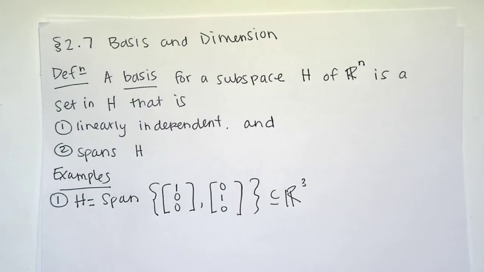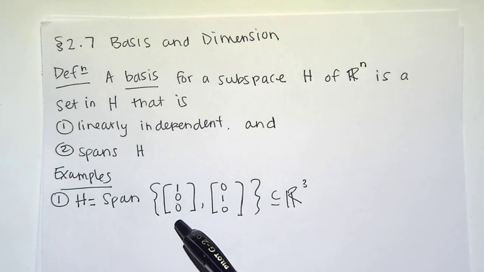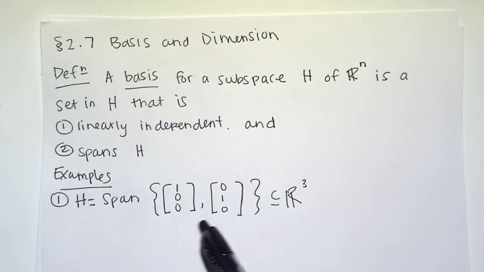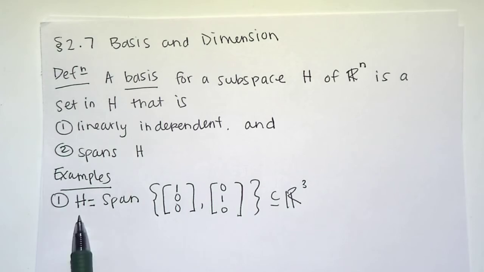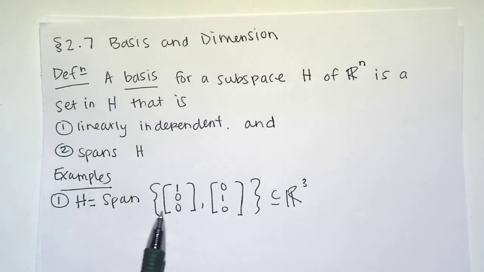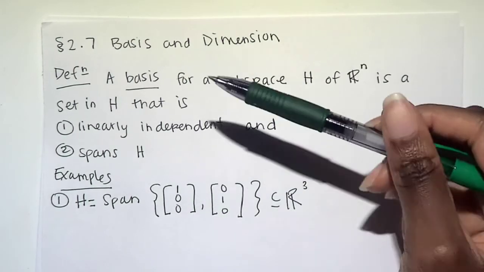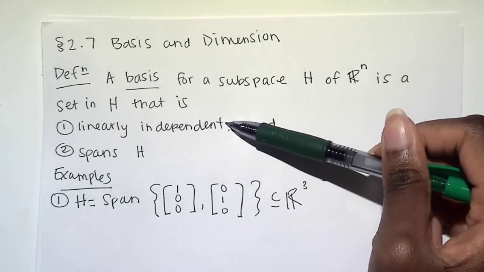Okay, so remember, things in H can be written as linear combinations of these two vectors. All right, so the first thing that we need to check, because I'm going to hypothesize that we could just use these two vectors as a basis for H. So the first thing I want to check, just these two as a set, are these two linearly independent?